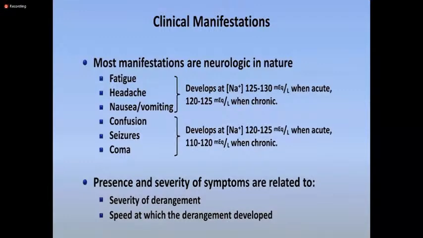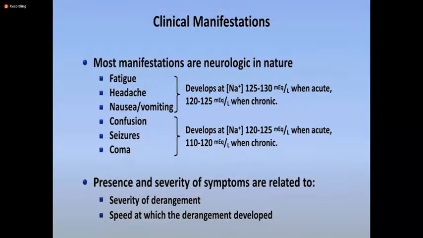So most of the patients will present with neurological features, mainly fatigue, headache, and can come in vomiting or having nausea, can have confusion, seizures, or can even be in a coma. And all these symptoms develop at different rates depending on whether it is acute or chronic hyponatremia and the level of the serum sodium concentration itself.